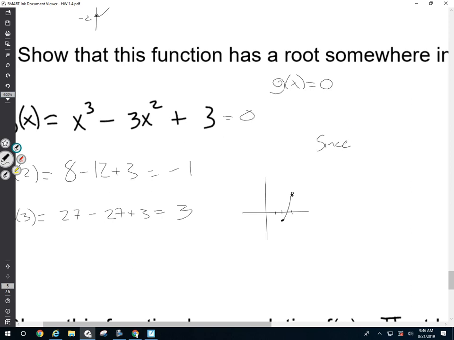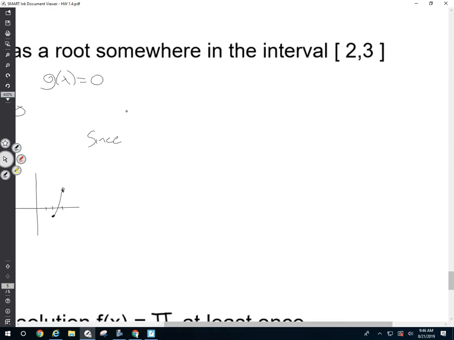So I'd say since g of x is continuous, g of 2 was -1, g of 3 was 3. There must be an x between 2 and 3 such that g of x equals 0.